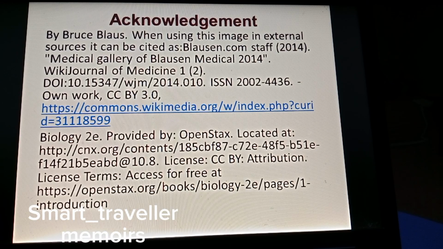When using this image in external sources, it can be cited as Blausen.com Staff, 2014, Medical Gallery of Blausen Medical 2014, WikiJournal of Medicine. And finally, we have Biology 2E provided by OpenStax, with attribution, license terms, and access for free at that website.